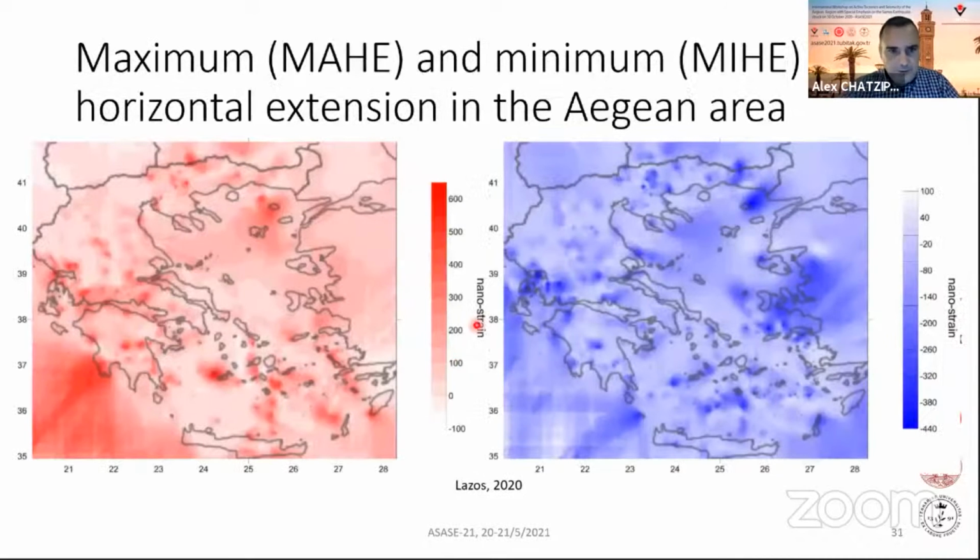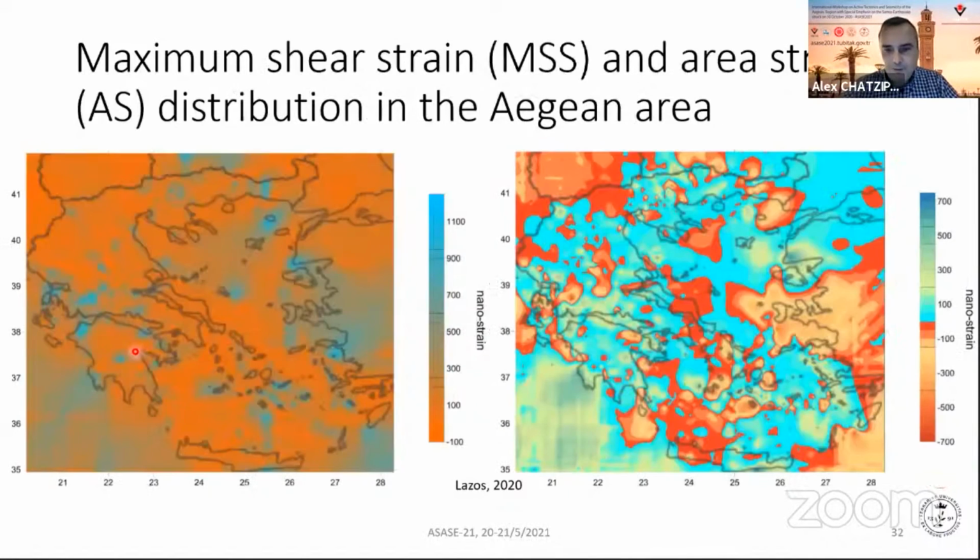So to conclude, if we take the bigger picture, these are the results for the entire area, we can see that there are various parameters shown in areas of well-established fault zones, but there are also some local, let's say, islands of deformation in areas with no large faults or small faults that we did not expect. The same goes for shear strain and area strain.